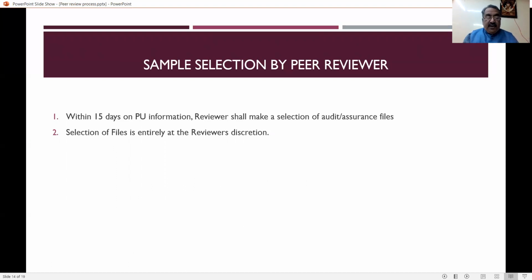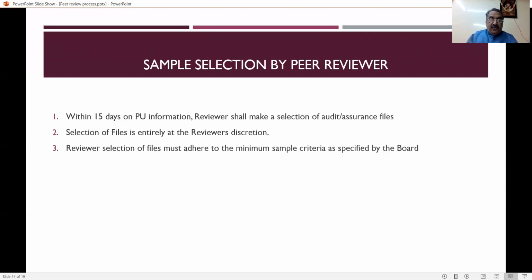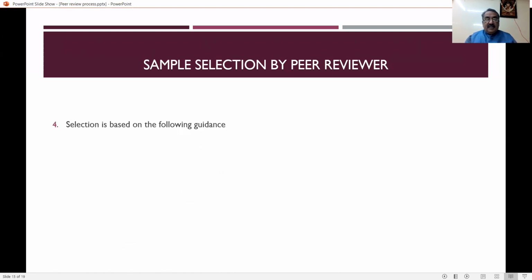He can select any file, and the reviewer's selection of files must adhere to the minimum sample criteria as specified by the board. The board has given some specification later, and the selection of files will also adhere to the minimum sample criteria. And selection is based on the following guidance.